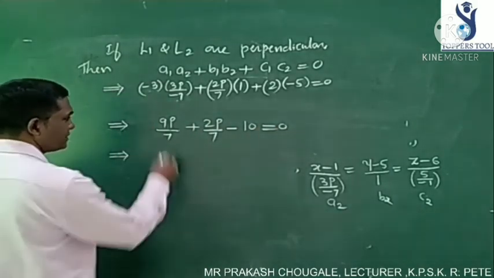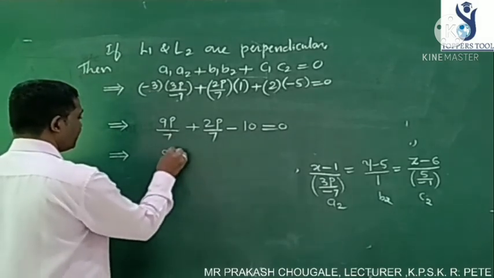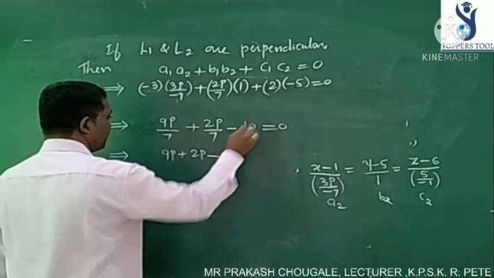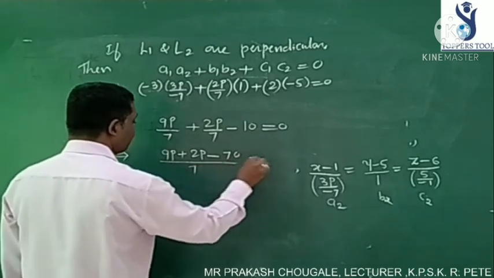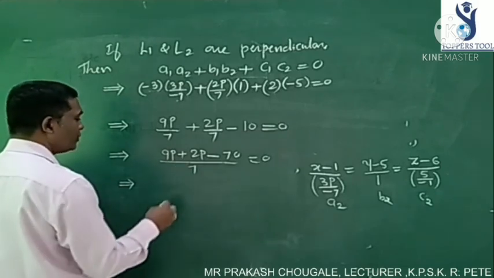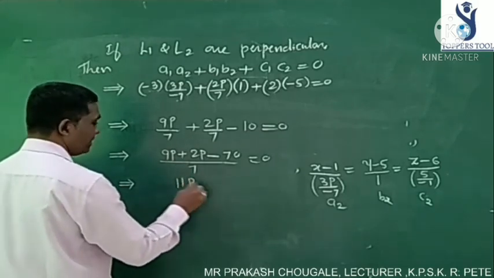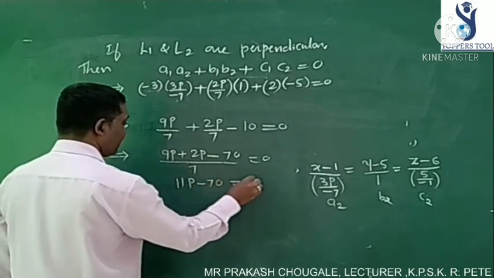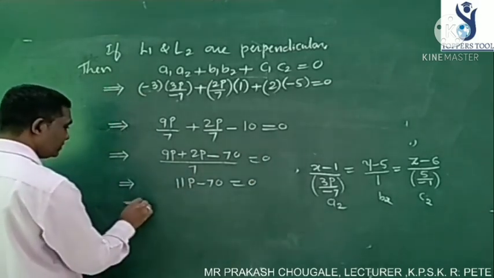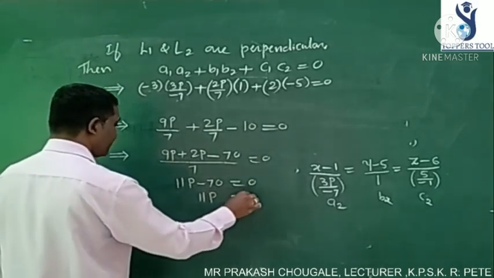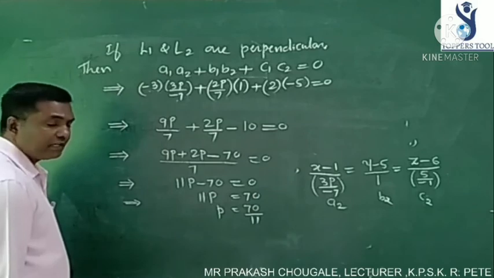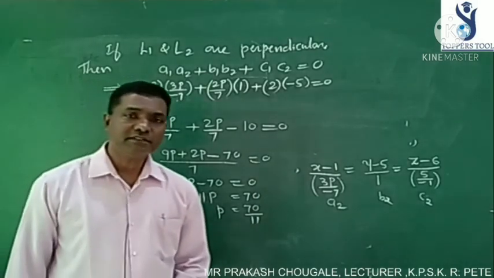This implies, 7 is the LCM, 9p plus 2p, 7 tens are 70, by 7 equals 0. This implies 9p plus 2p, that is 11p minus 70 equals 0, because transferring 7 this side, 7 into 0 is 0. So 11p equals 70. So p is equal to 70 by 11. So this is the value of p for the given conditions.